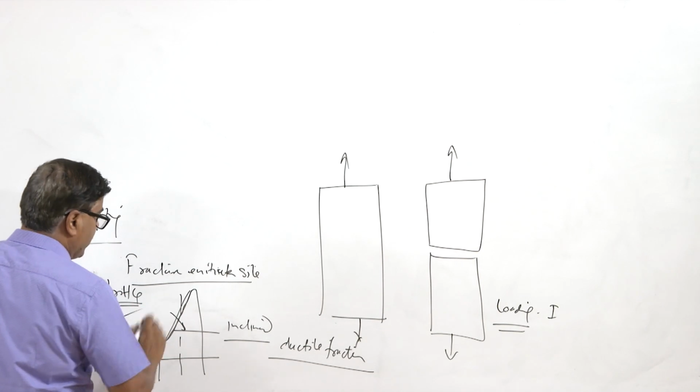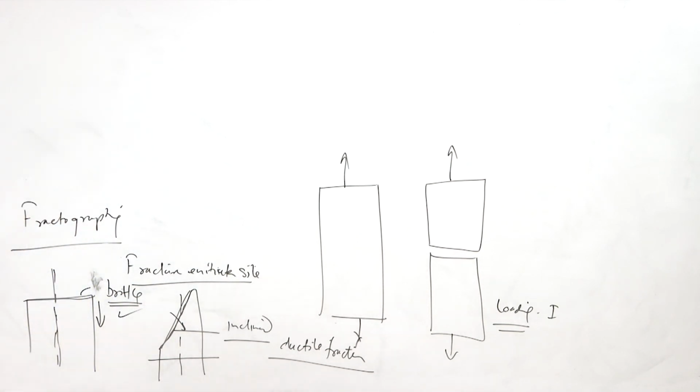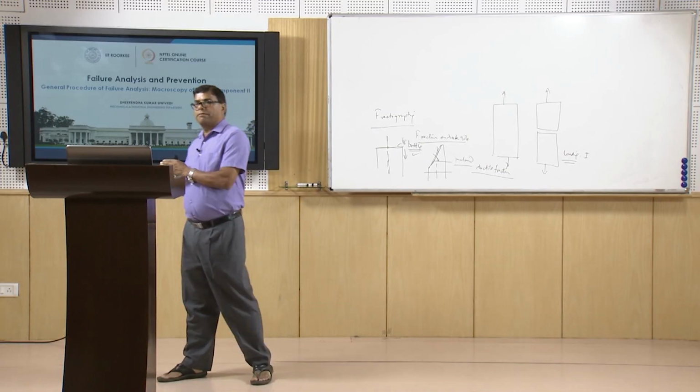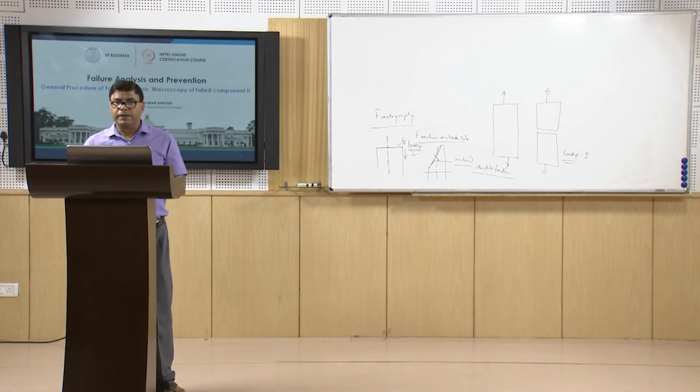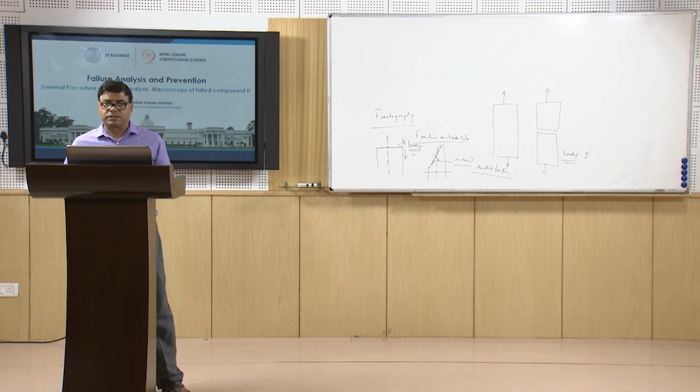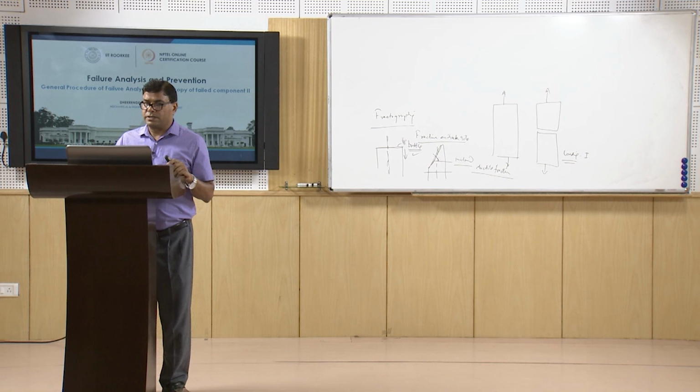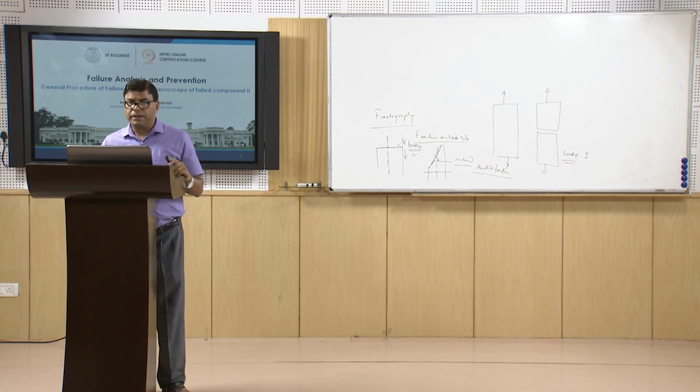So, the ductile fracture will have a slant fracture surface, and the brittle fracture will have a square or perpendicular fracture surface with respect to the externally applied load.